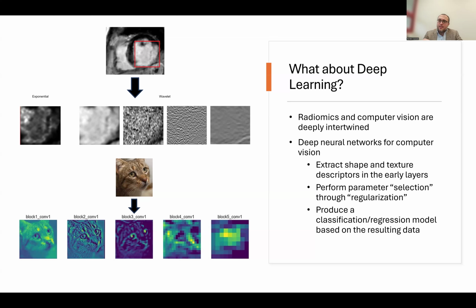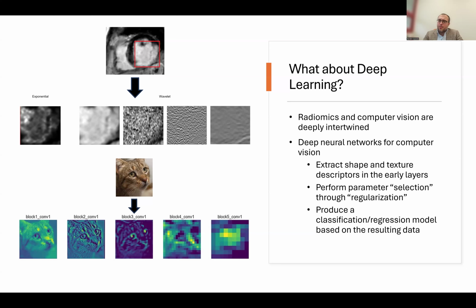Then it extracts textural characteristics within the image, as we do in radiomics. And we can see the example here of what happens in the first layer of a neural network in different blocks. And then what happens is that it extracts a large amount of parameters describing the images, and then it selects the most useful through the regularization process, which can happen again with different techniques, as with feature selection.